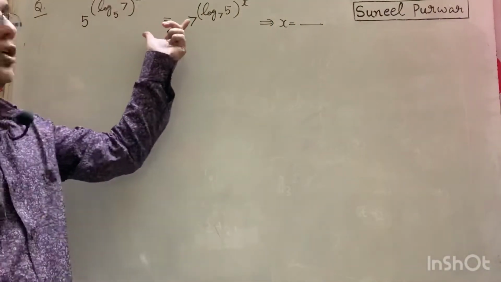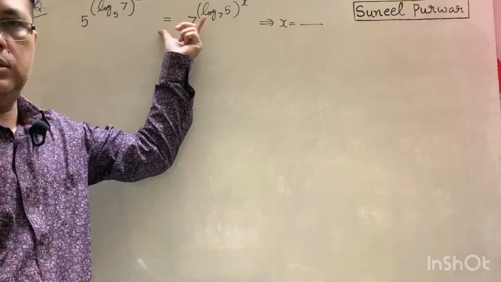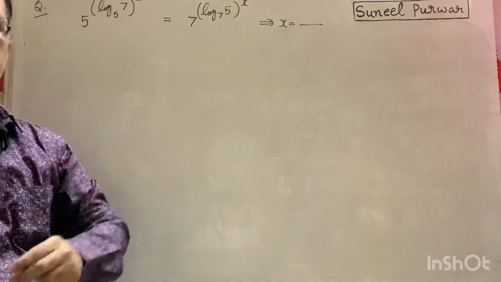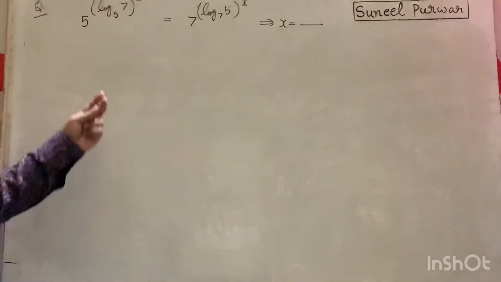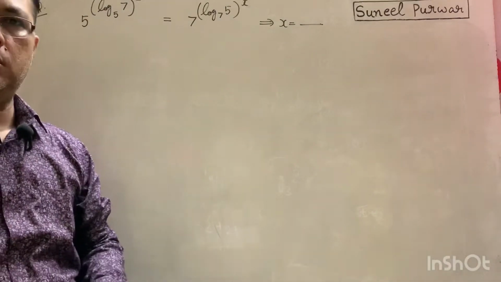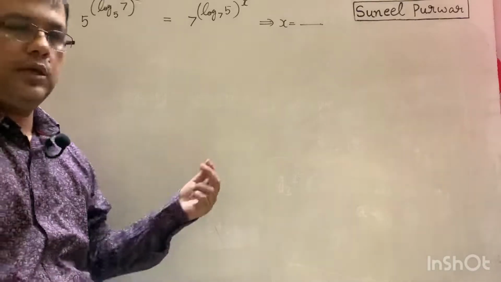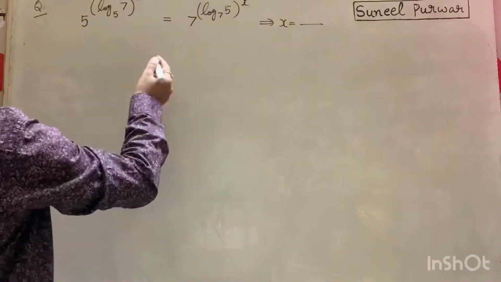Now, see this question. You have to find the value of x here under this condition. So what you do, you take logarithm on both sides. The two numbers dominating the question are 5 and 7. So you take logarithm on both sides to the base 5 or base 7. I am taking logarithm at base 5 on both sides.